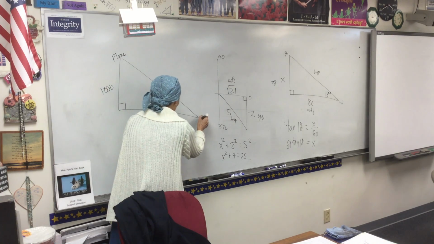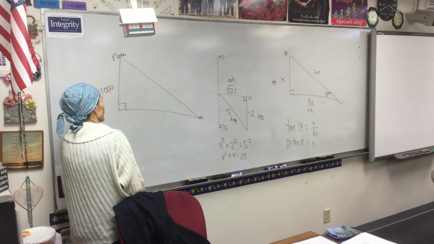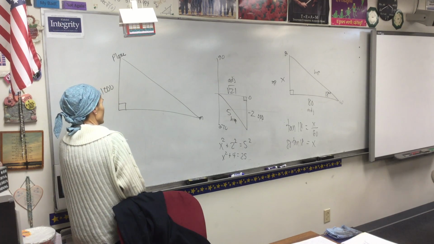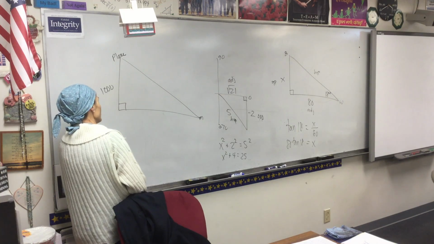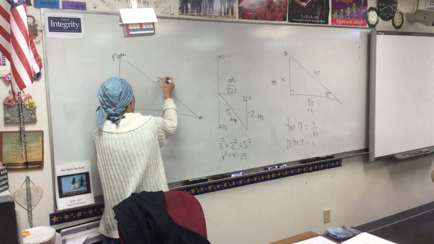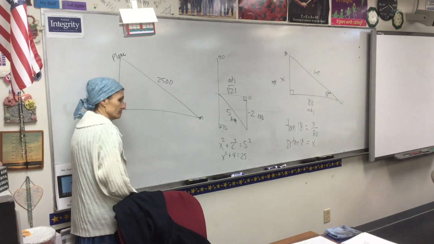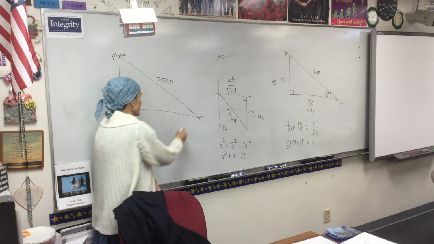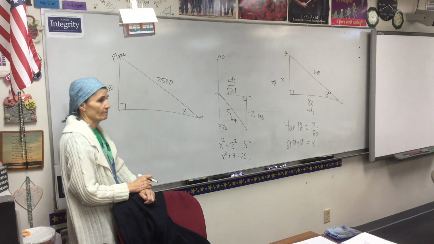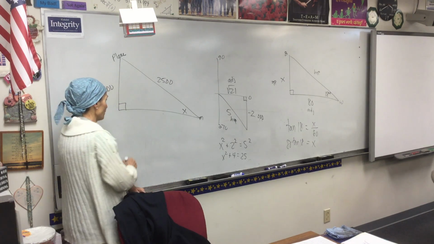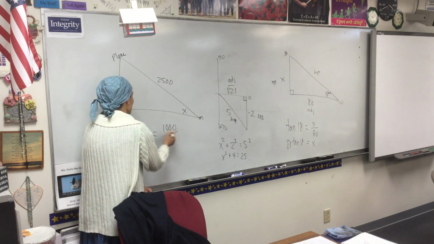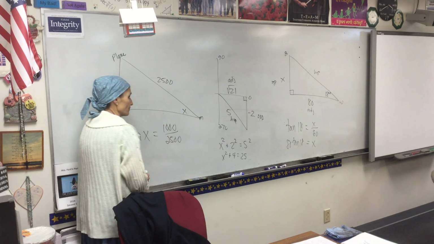There's a man down here on the ground looking up at the airplane, and the airplane is 2,500 feet away from the man. Find the man's angle of elevation. This is a sine problem. Sine x equals 1,000 over 2,500.